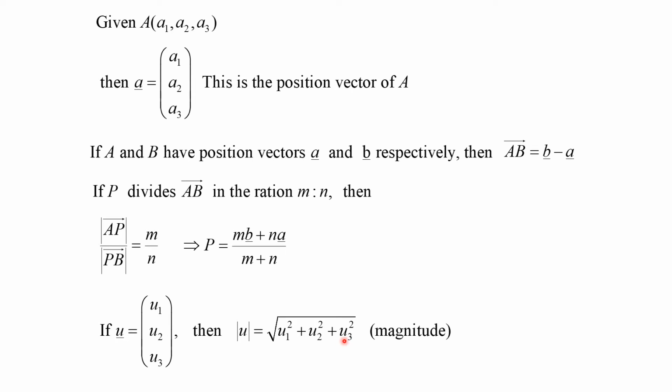Okay, so this is how you actually look for the magnitude for three-direction vectors. Okay, for a unit vector, it is defined as a vector with magnitude of 1.